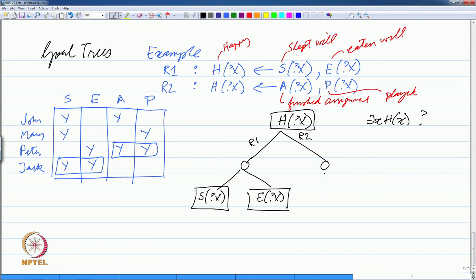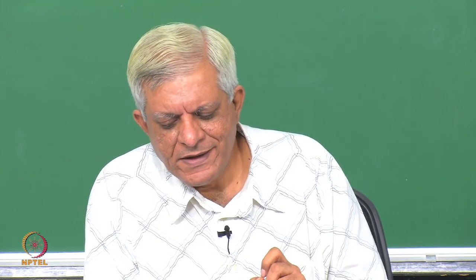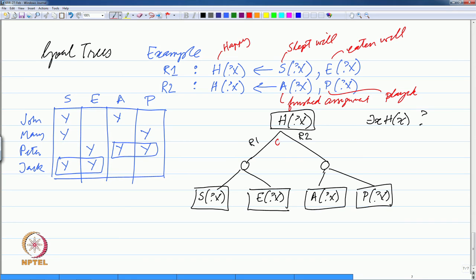The second rule in a similar fashion says that if you have done assignment and if you have finished playing, then you could be happy essentially. But now there is a difference in the three internal nodes that we have. The top level internal node is a choice, and the choice is you can use R 1 or you can use R 2 essentially.